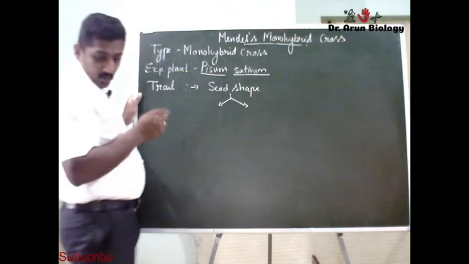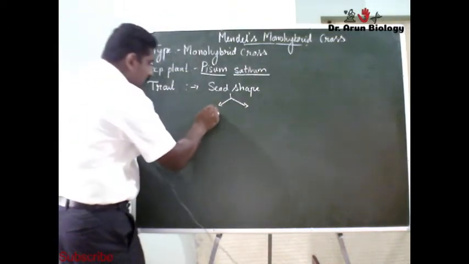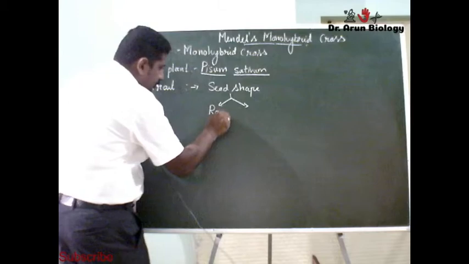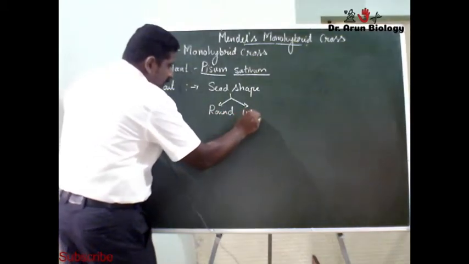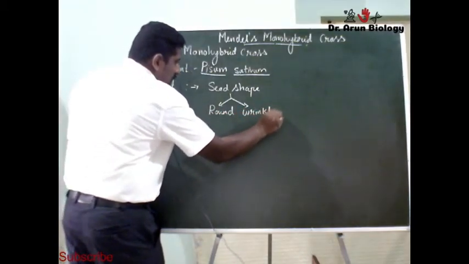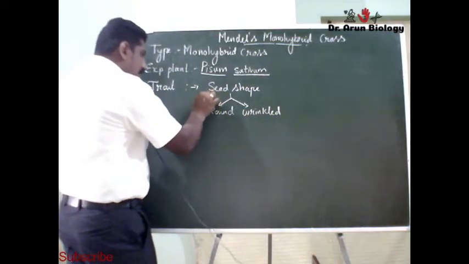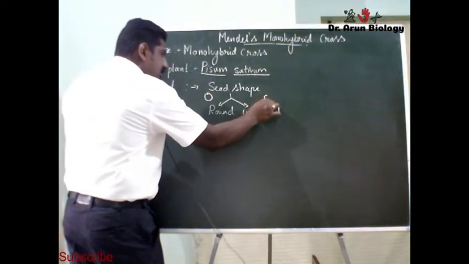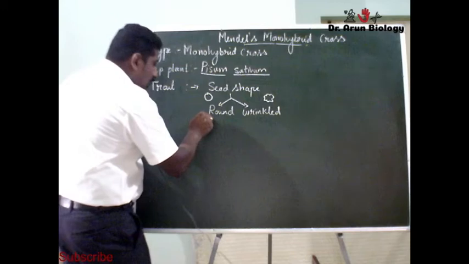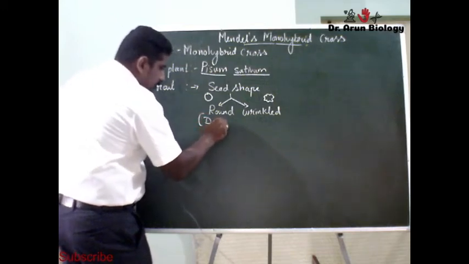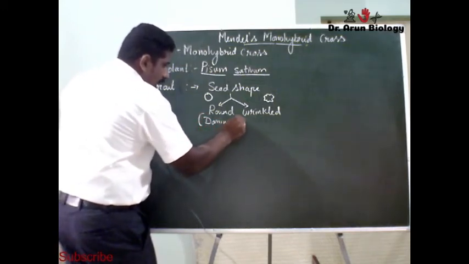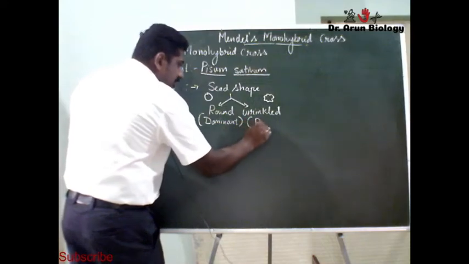What are the two important traits? One trait is round, and another trait is wrinkled. So one seed was round and the other seed was wrinkled, and the round was dominant and the wrinkled one is recessive.